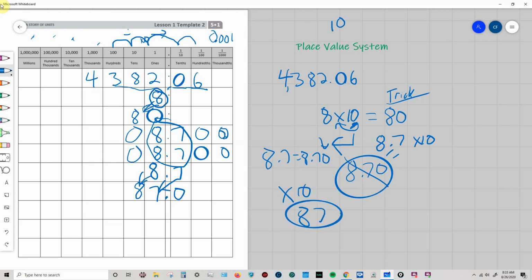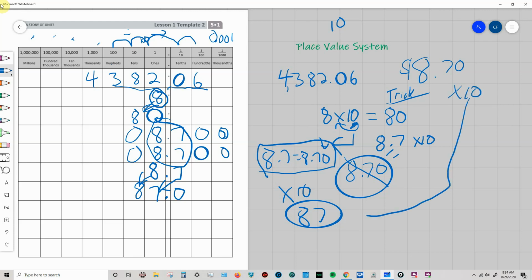Okay, you could think about and connect the idea of decimals and money. 8.7 does equal 8.70, like I put right here. Well, that's $8.70, right? So if you had $8.70 10 times, well, you'd have $87, right? Just like it looks up here.